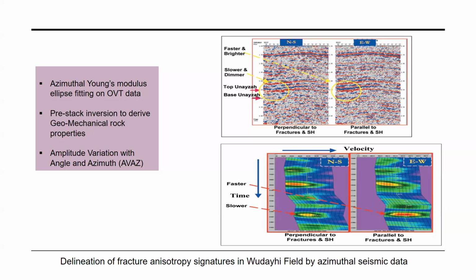The behavior of geomechanical attributes like Young's modulus and bulk modulus in a brittle rock, meaning rocks which tend to have fractures, is different from a ductile rock.